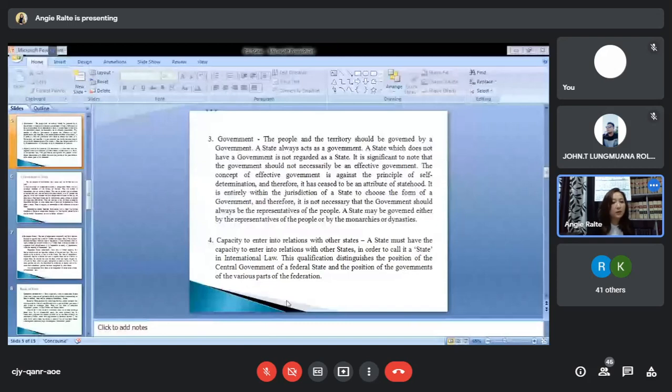And next, capacity to enter into relations with other states. A state must have the capacity to enter into relations with other states in order to call it a state in international law. Under international law, the things we have mentioned, people, territory, a government, form a state, but that state must have the capacity to enter into relations with other states.